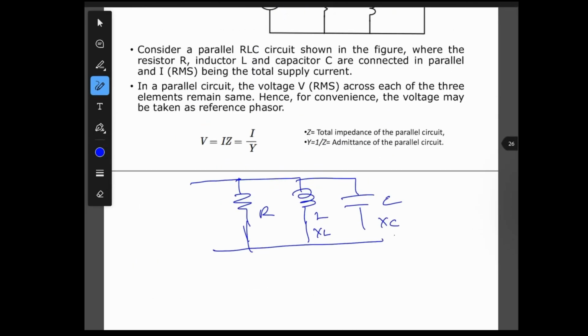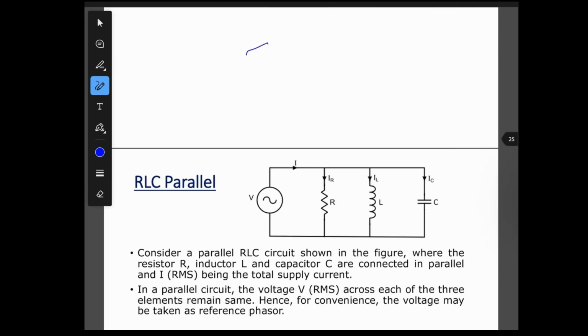We know that you already learned about parallel connection of resistors.